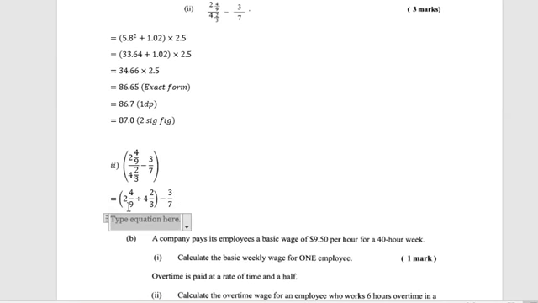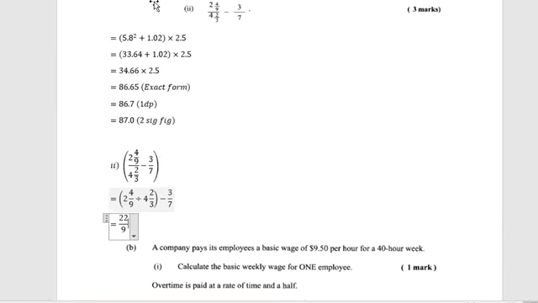From this first term, I'll do 2 multiplied by 9 to give me 18 plus 4, and that will give me 22 over 9 divided by 3 times 4 is 12 plus 2 will give me 14 over 3, and then I'll subtract my 3 over 7.